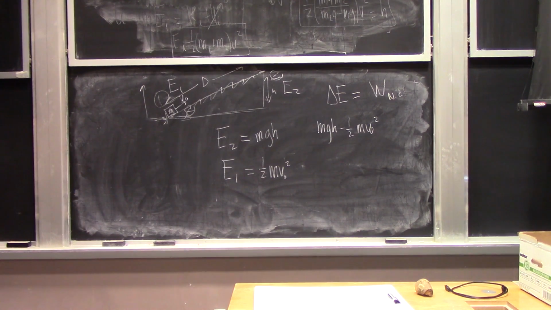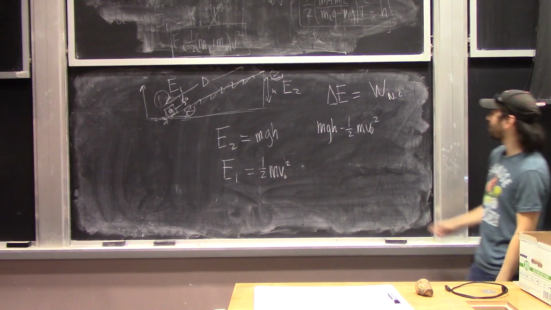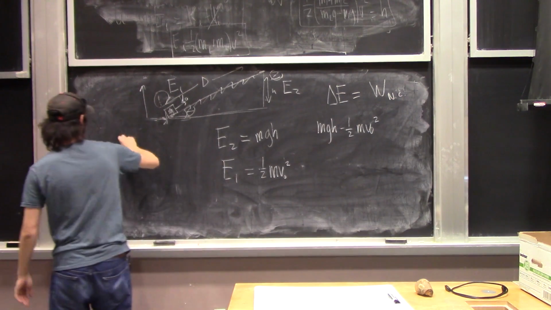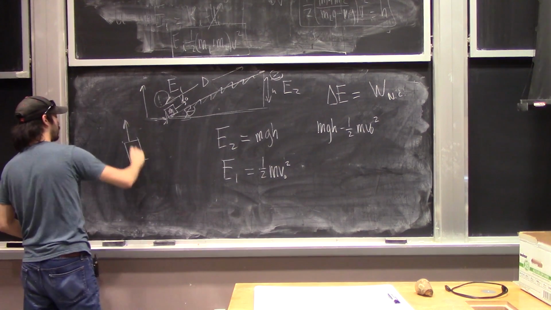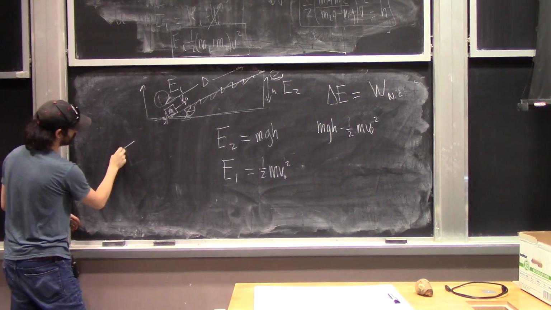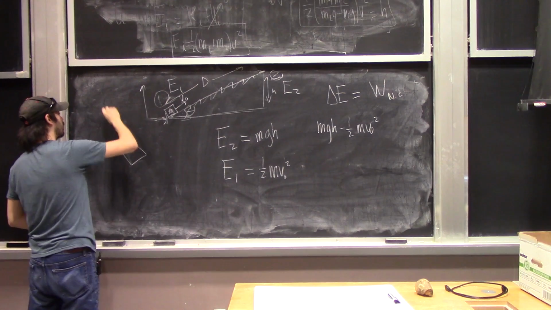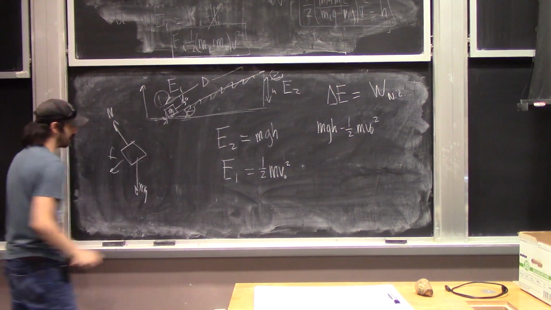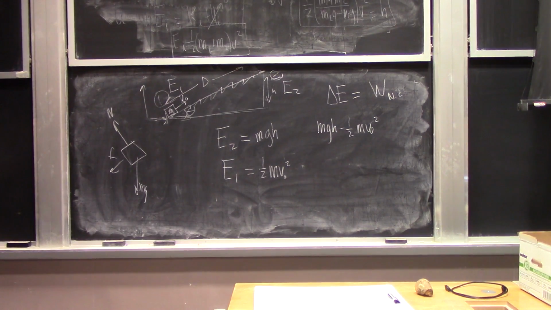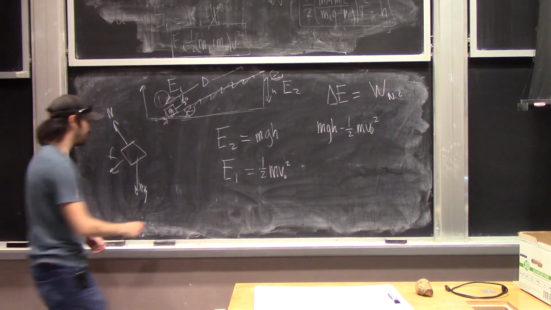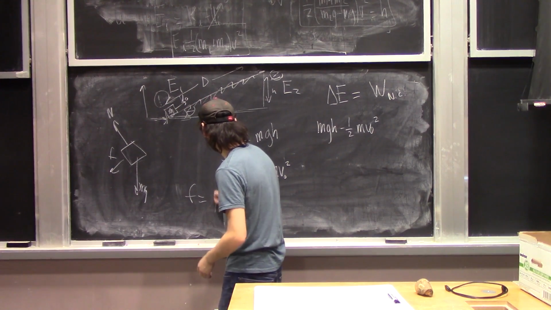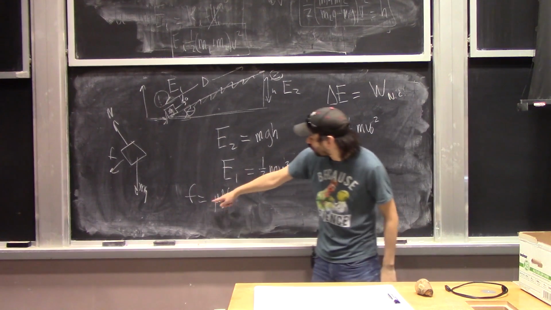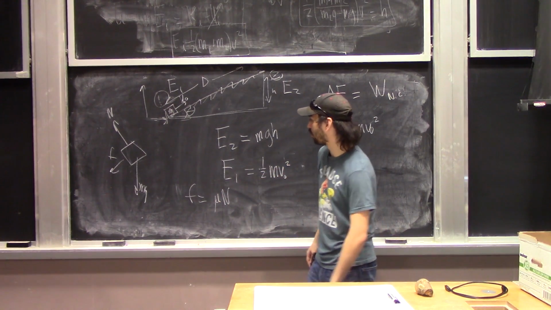Now, in order to finish this calculation, we're going to need to figure out what the work done by friction is. In order to do that, we can draw a free body diagram here. Let me rotate this a little bit more. We have the normal force, we have the force of friction, and we have gravity. In general, if an object is moving, the force of friction, F, is going to be equal to mu times N. Now that we know this is the force of friction, we need to determine what the normal force is.